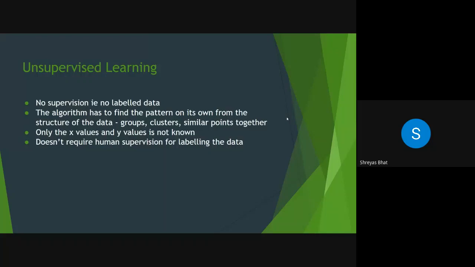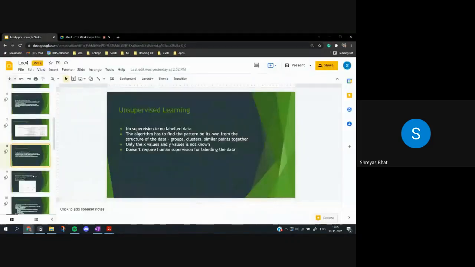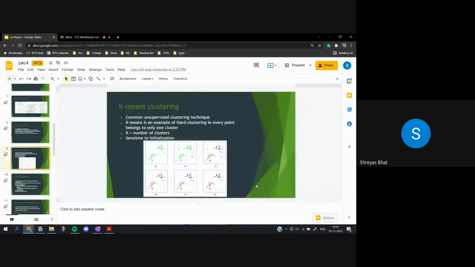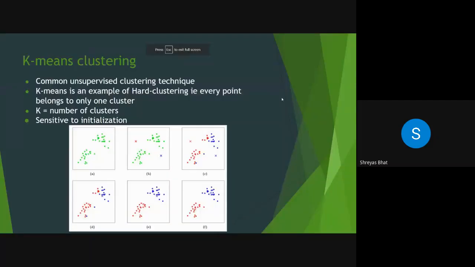It doesn't require human supervision. Is that clear, Aditya? Okay. One example of a very common and, I think, the most simple example of an unsupervised algorithm is k-means clustering.